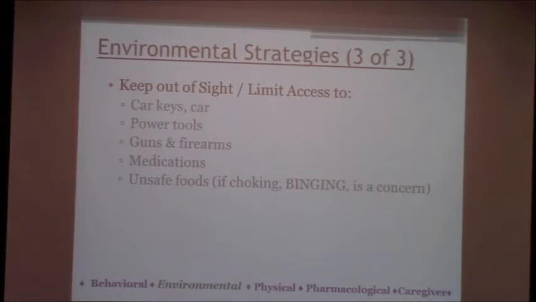Removing sources of power tools, guns and firearms, medications, or unsafe foods. Family members will say to us, well, they really like candy and they can't swallow. Well, you need to not buy it and not put it in the house, but they want it. I know they want it, but you have to physically just remove it and be firm about that.